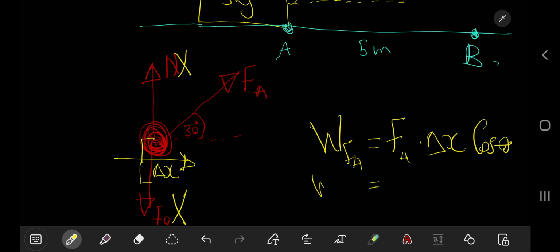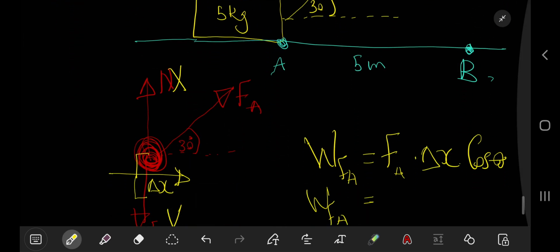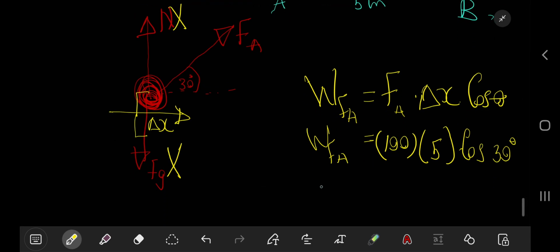Then the work done by the applied force would be equal to your applied force, which is 100 newtons in this case, and your displacement is 5 meters, multiplied by the cos of the angle between the two, which is 30 degrees, so that would be cos 30.